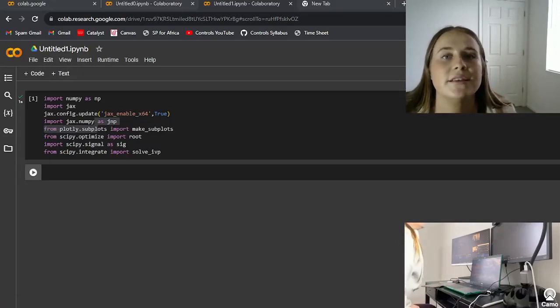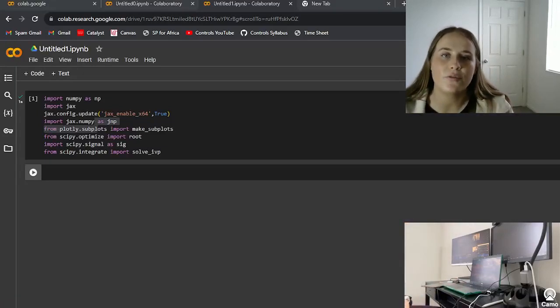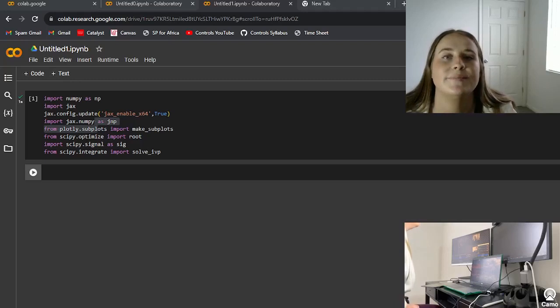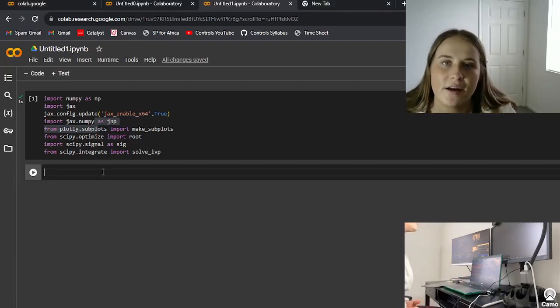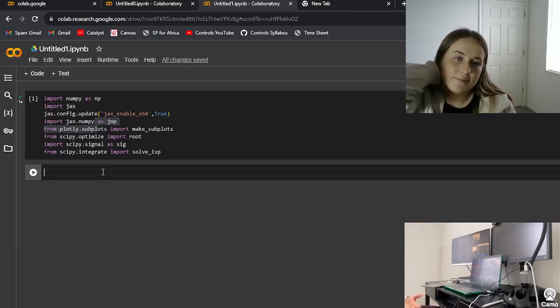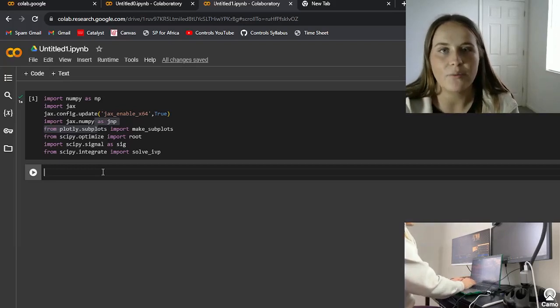Okay, this is part 4A of homework 4. In this portion of the coding video, I will just be coding the previous equations that I had worked out. This is just to find the steady state of the level inside the tanks at any given time. So first we're going to start out with just our variables.